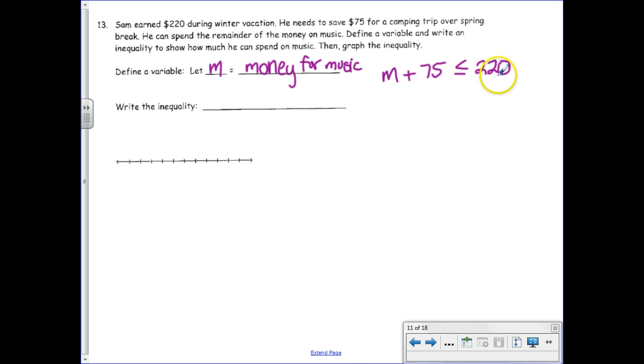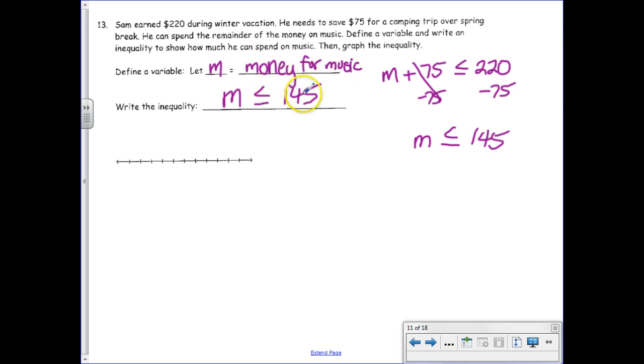He can't go over that. He can spend exactly this, but no more. All right, when you subtract, this is the inequality I get. You subtract, I get what, 145, I think? M is less than or equal to 145. And this is actually going to be money. Now, I'm not going to be picky about you putting a dollar sign here.